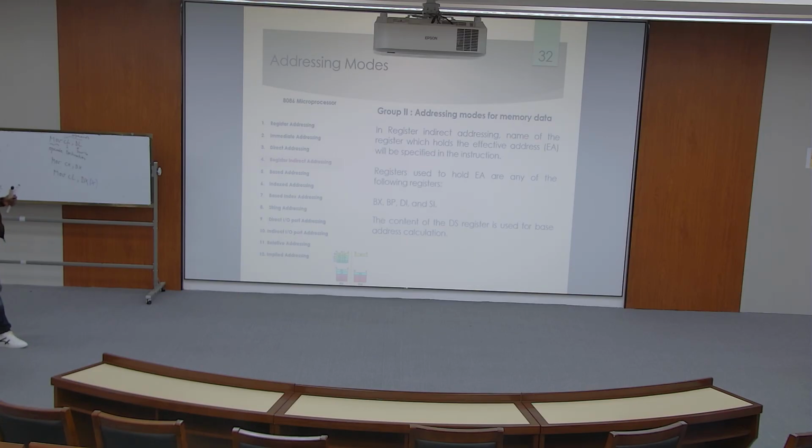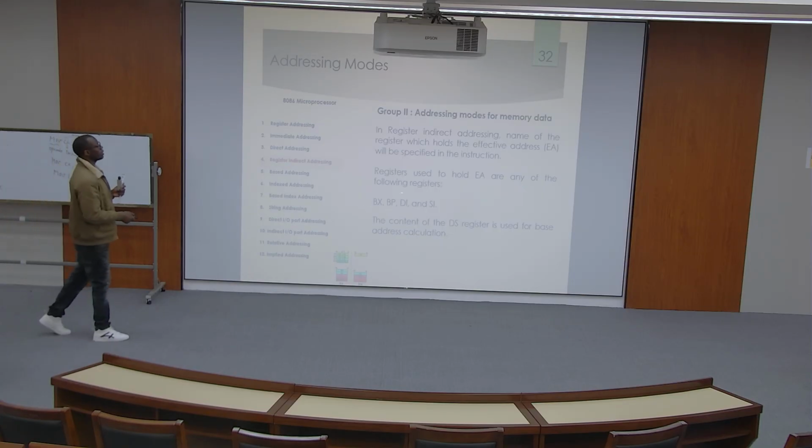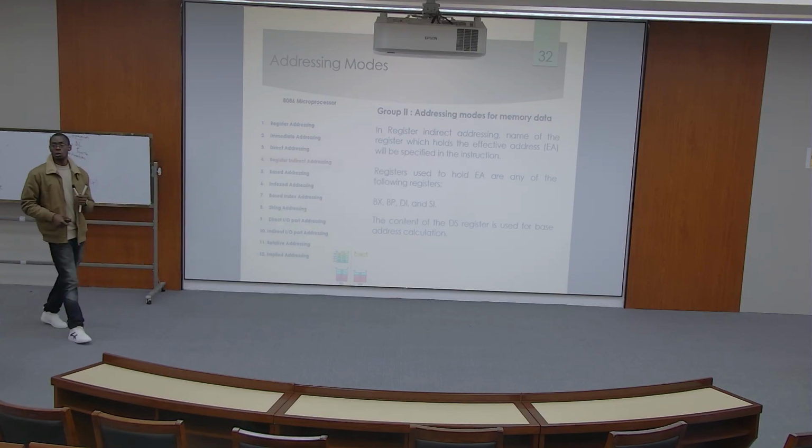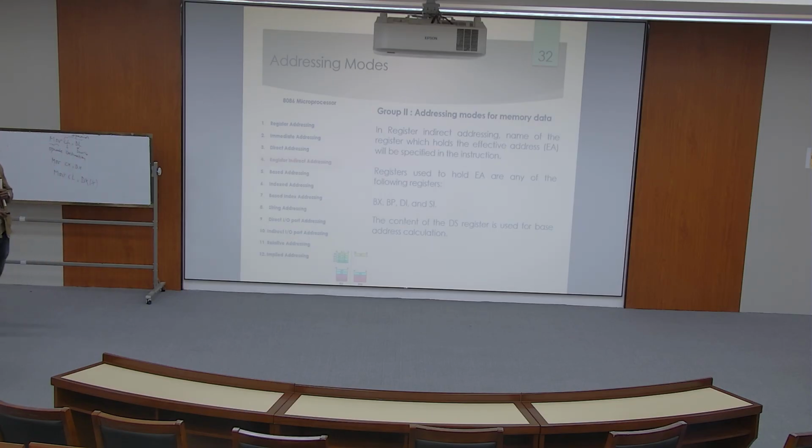So registers are used to hold the effective address, and we need to use the following registers to find the effective address: the base register, base pointer, destination index, as well as the source index. The content of the data segment register is going to be used to calculate the base address.